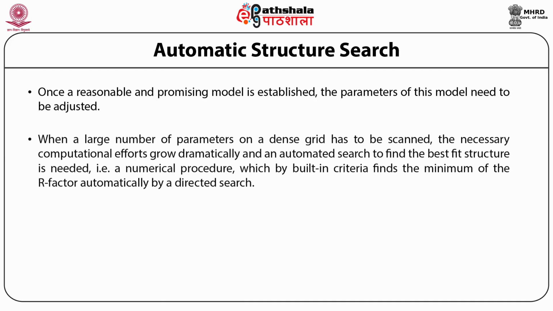When a large number of parameters on a dense grid has to be scanned, the necessary computational effort grows dramatically, and an automated search to find the best fit structure is needed. This means a numerical procedure which, by built-in criteria, finds the minimum of the R factor automatically by a directed search.